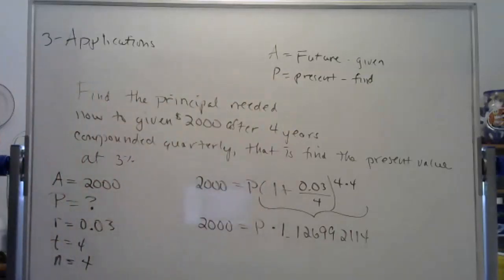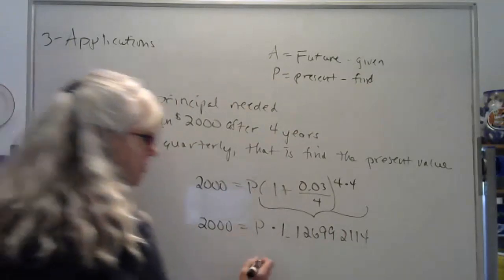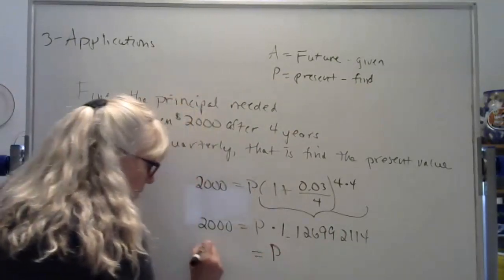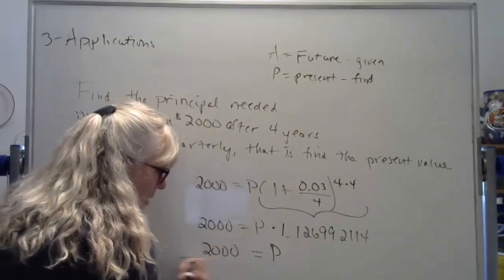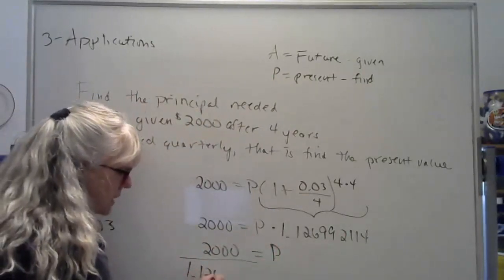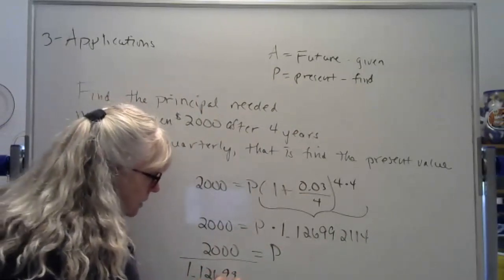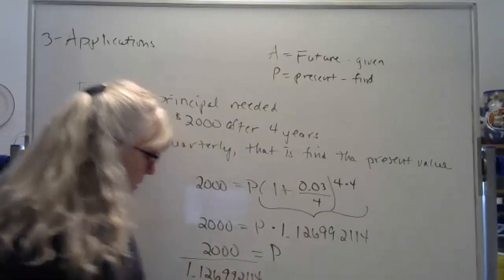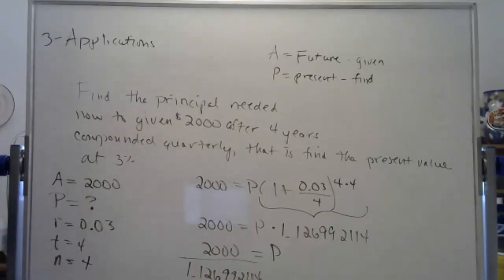And then all I have to do is take 2,000 and divide by that decimal. And I don't want to round it anywhere. I want to carry all those decimals until the very end and then do the rounding. So I'm going to let the calculator carry the decimals and just divide by the answer from the previous line.